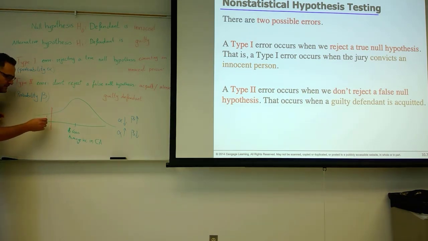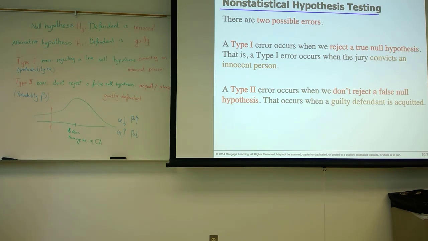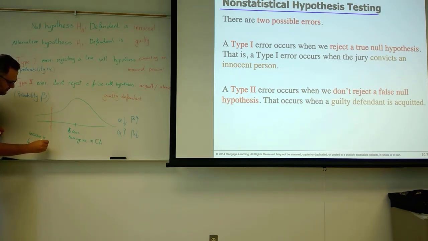However, if our sample mean is to the left of that limit, then we say, okay, this is enough evidence for us to reject the null hypothesis in favor of the alternative hypothesis. So we believe that income is less than $6,000 per month.